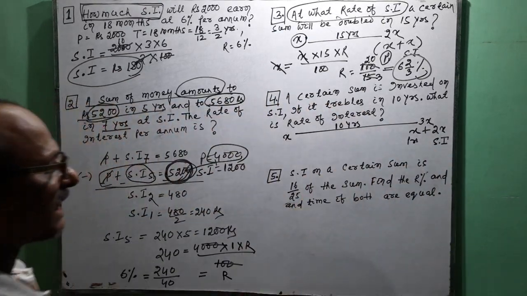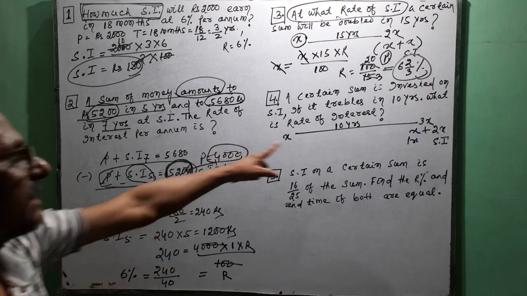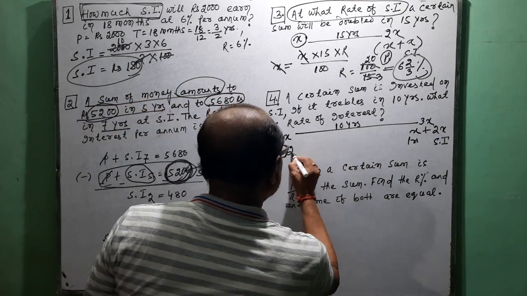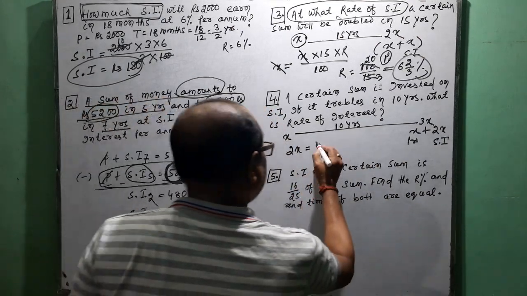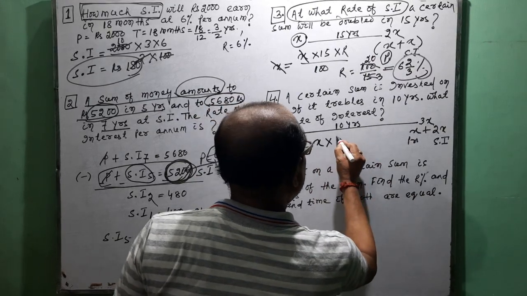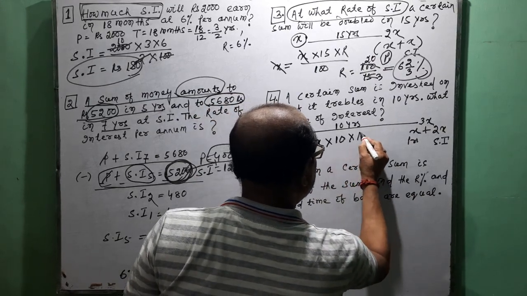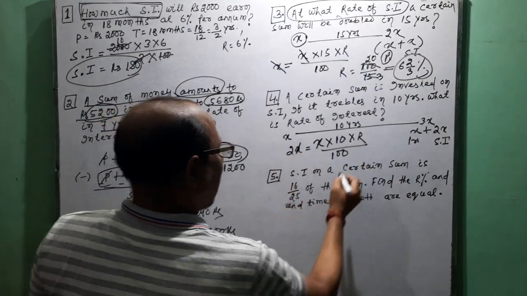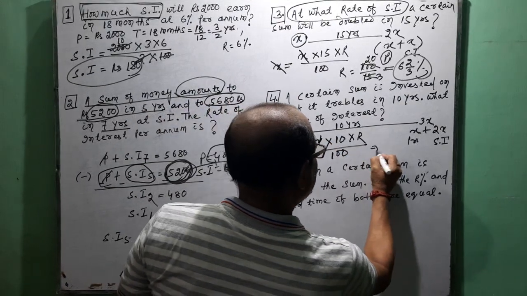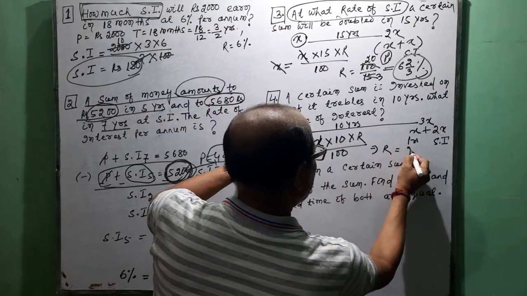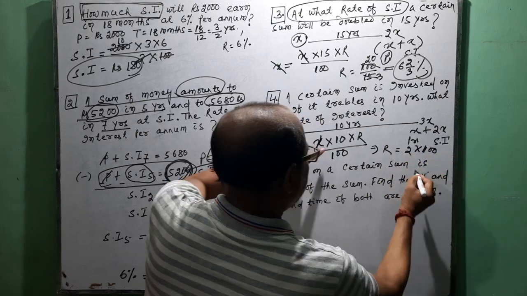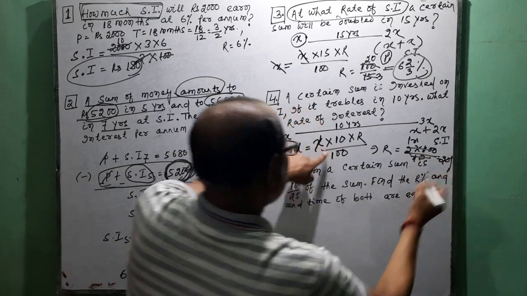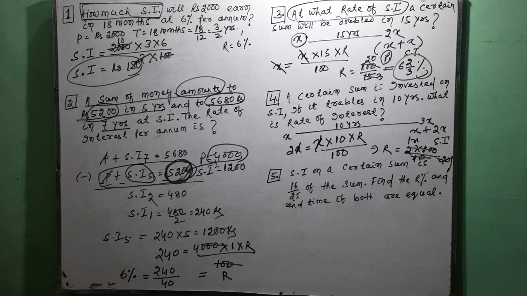So after 10 years he gets 3X, having deposited X. So SI is equal to PTR by 100, X into 10 years into R to find, by 100. X cancelled. This implies R is equal to 2 into 100 by 10, which is 20%.